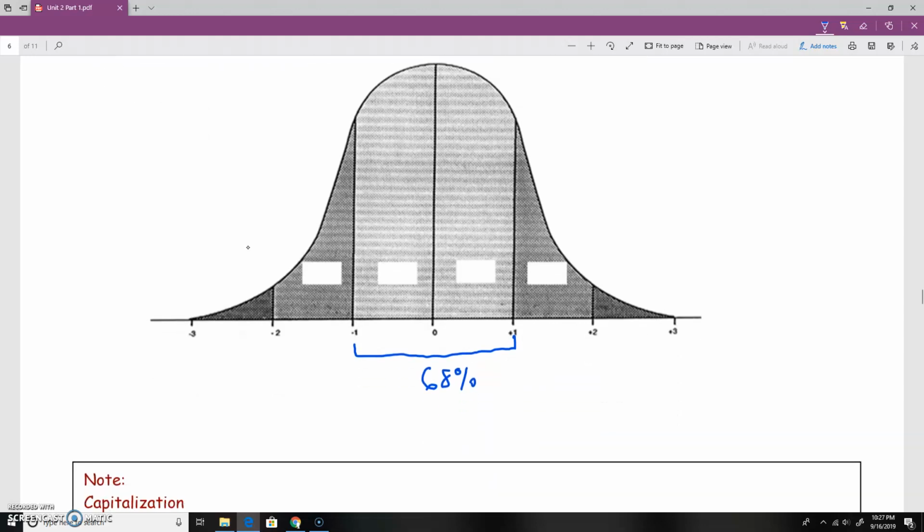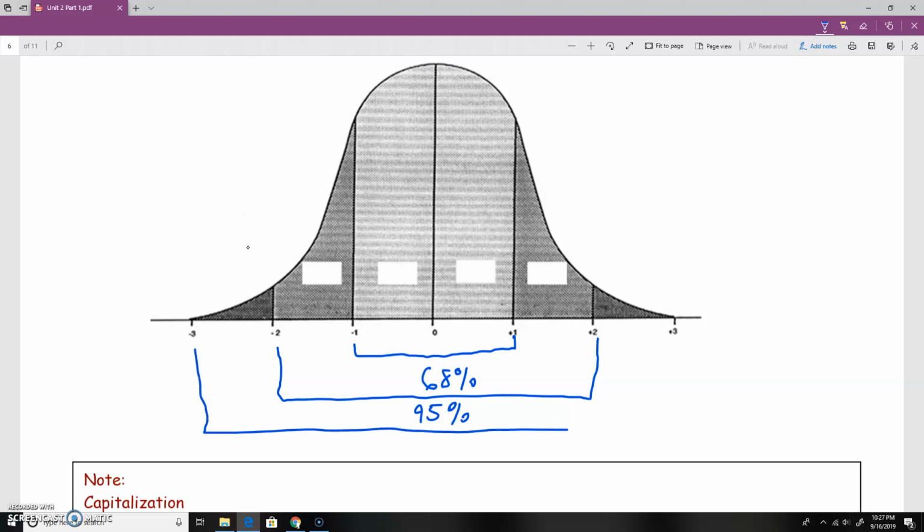Now within 2 standard deviations of the mean in either direction, I'm going to find 95% of the data. And within 3 standard deviations of the mean in a normal distribution, I am going to find 99.7% of the data.